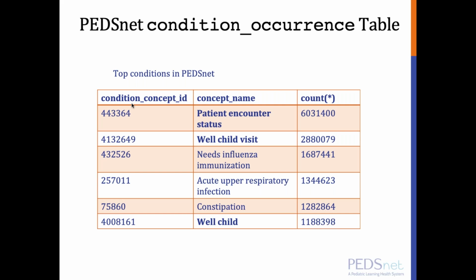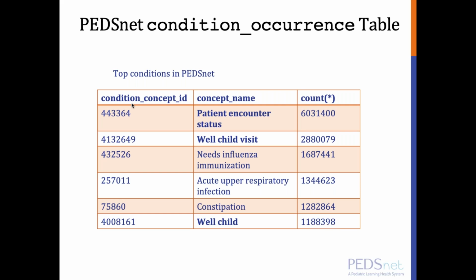Just taking a quick glance at it, we see that within the condition table, the most prevalent conditions are actually things that we may not actually consider a condition. Something like a patient encounter status is not something that I would necessarily consider a condition, but there's such a broad reach from the original ICD codes that have mapped into the SNOMED vocabulary that we do see a lot of these sorts of billing needs showing up.